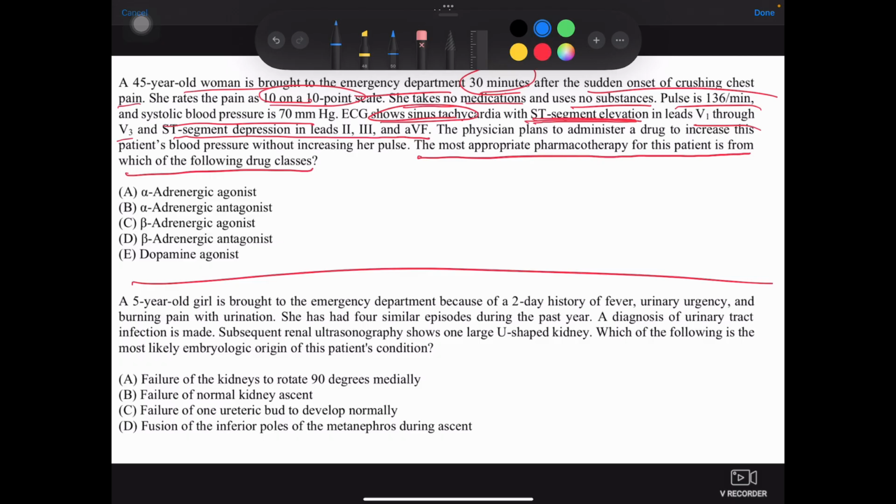Remember, if there were ST segment elevations in aVF, then we would have thought it to be a right wall MI. And here you cannot use nitroglycerin. You have to give IV fluids.